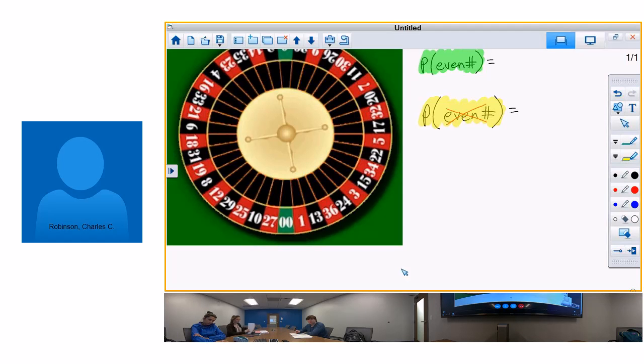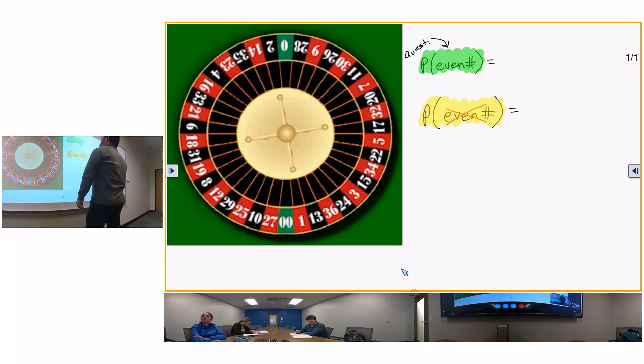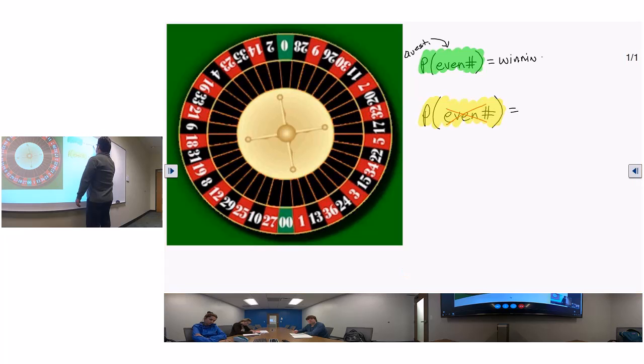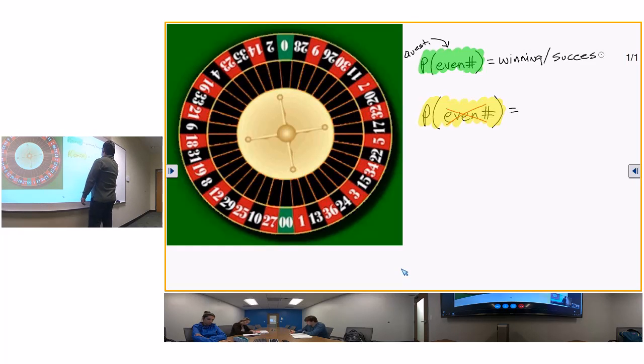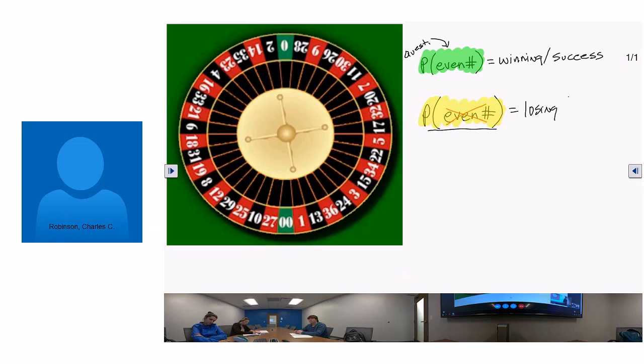The question says, what is the probability of an even number? So this would be winning/success. Therefore, this right here would be losing/failure.